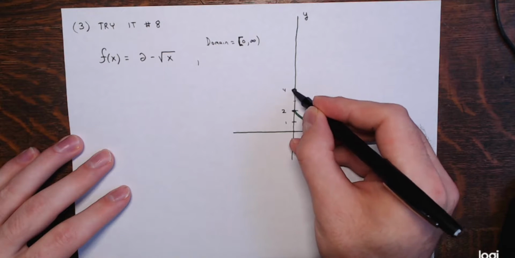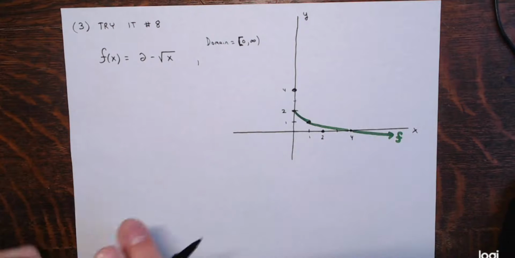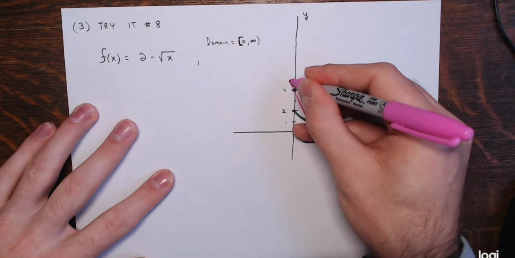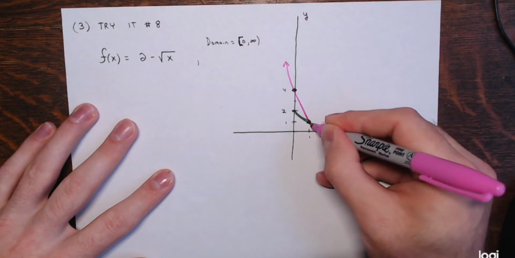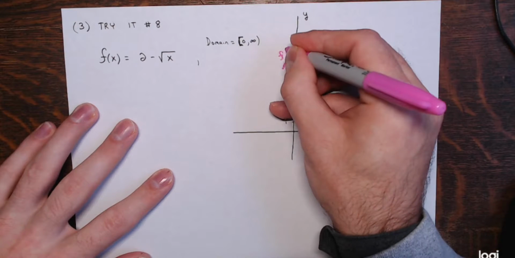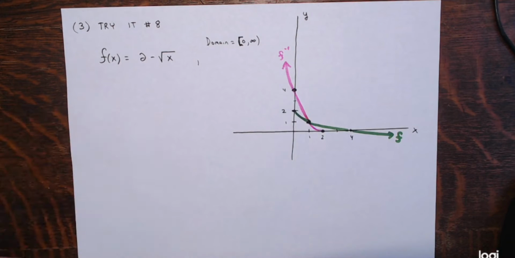And it would be like this curve, just reflected across the line y equals x. So this graph here, again like half a parabola. There's f inverse.